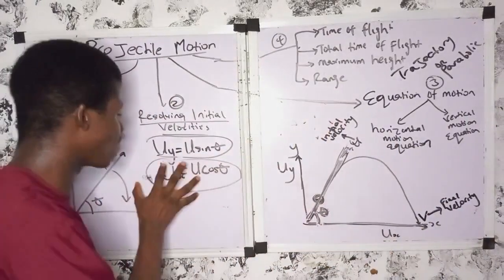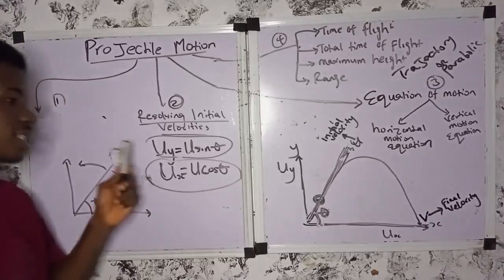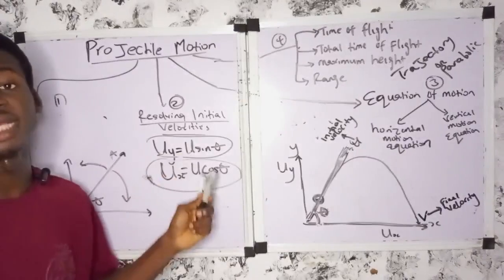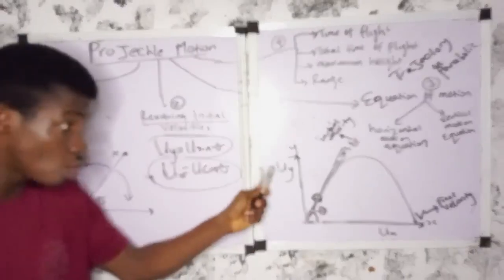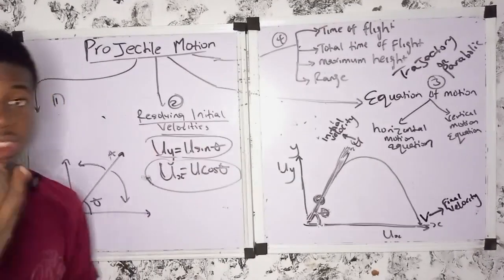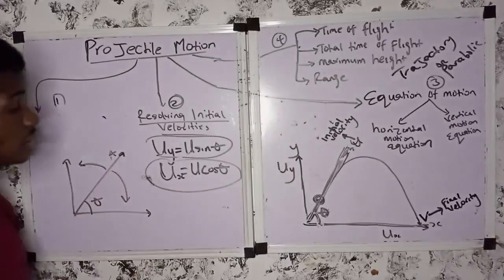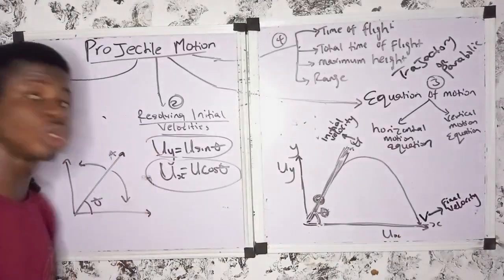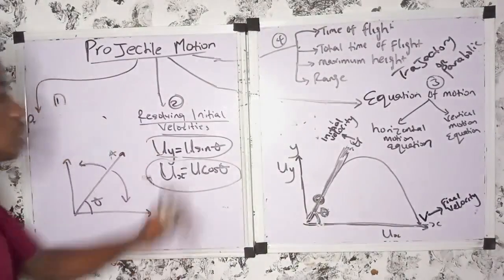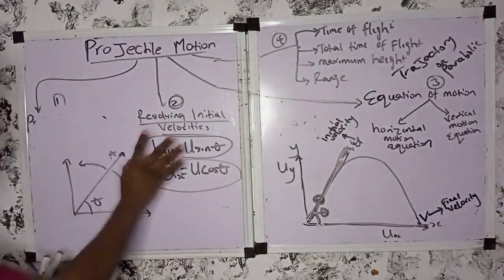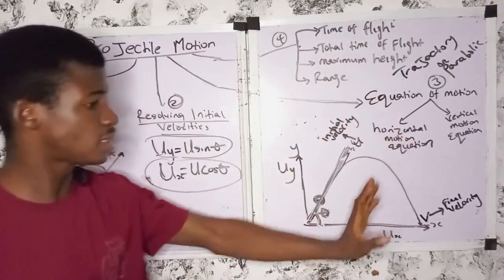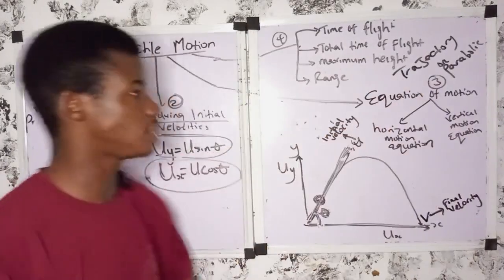So in summary, the initial vertical velocity uy equals u sine theta, and the initial horizontal velocity ux equals u cos theta. Very important.